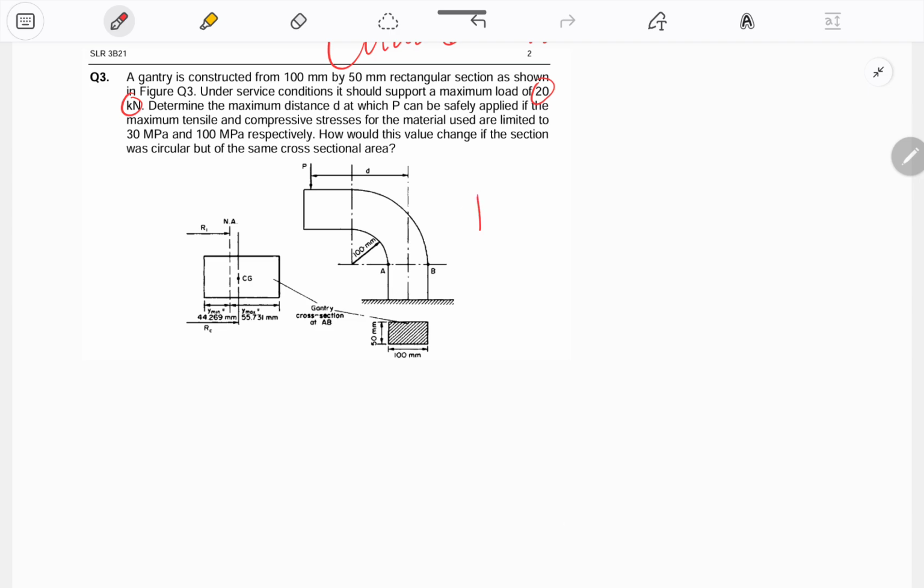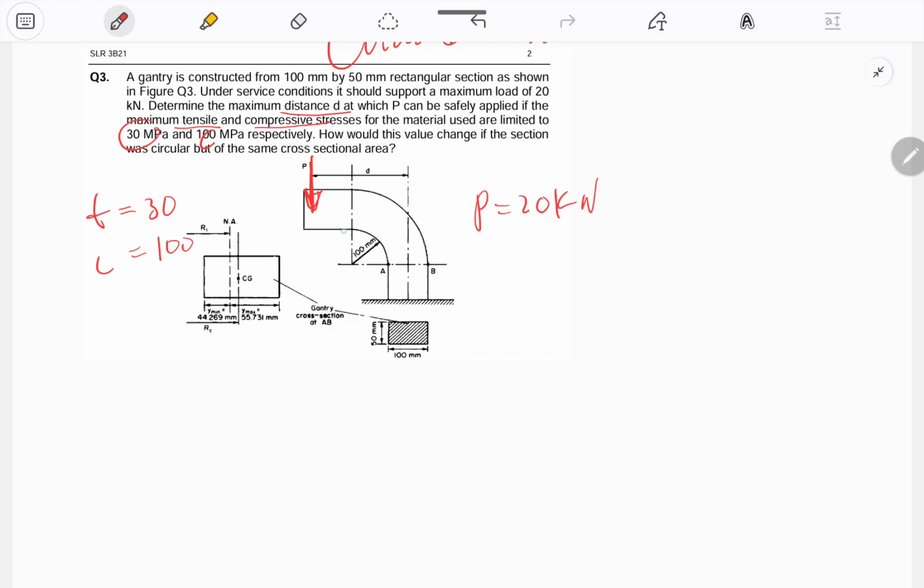Determine the maximum distance at which this load can be safely applied, such that the maximum tension and compressive stresses are given as this. So tension, we want it to be 30, compression, we want to be 100.